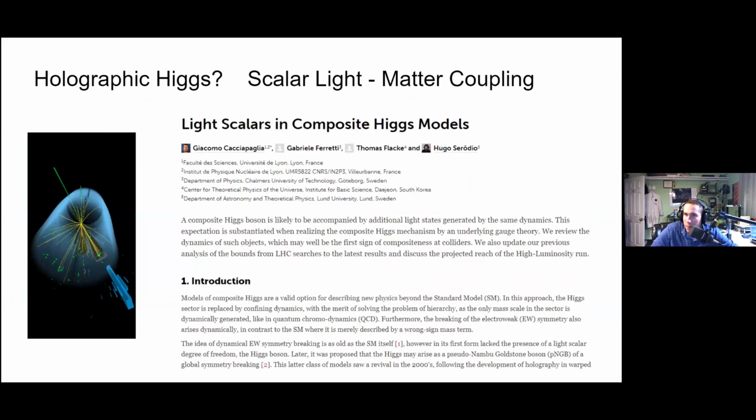And then also holographic Higgs, scalar light matter coupling. There are some interesting papers on light scalars in composite Higgs models, and also light matter coupling with the Higgs boson and Higgs mechanism, which is the gravity field itself.